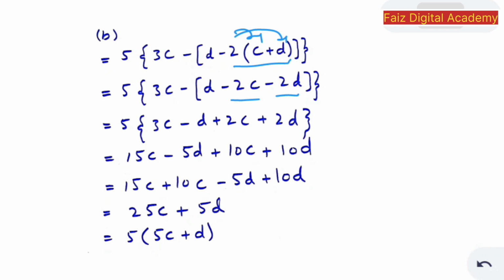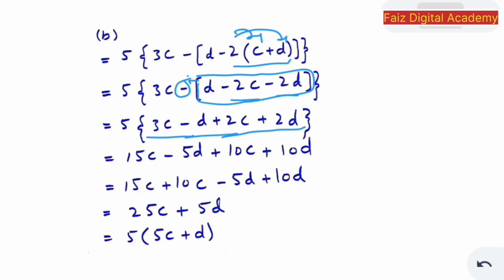Then we have to solve this minus with this whole algebraic expression, and we know that whenever a minus sign is present outside of the bracket, it just changes the sign of the inside of the bracket values. So minus d plus 2c and plus 2d.